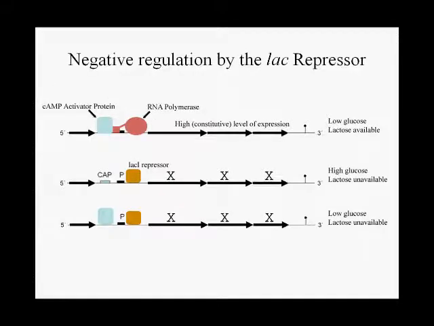So here is a diagram that shows all of that happening. Let's say there is low glucose, so the cell is starving for glucose. It's making cyclic AMP. Cyclic AMP binds to CAP, and then CAP binds to the CAP binding site. CAP's job then is to recruit RNA polymerase.